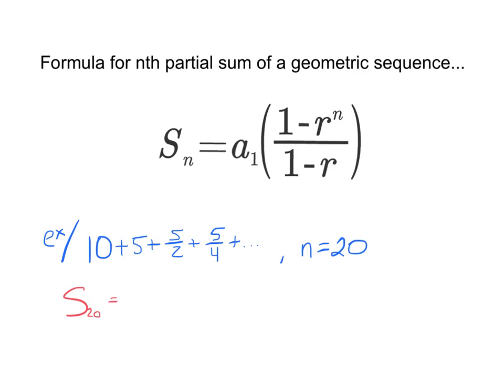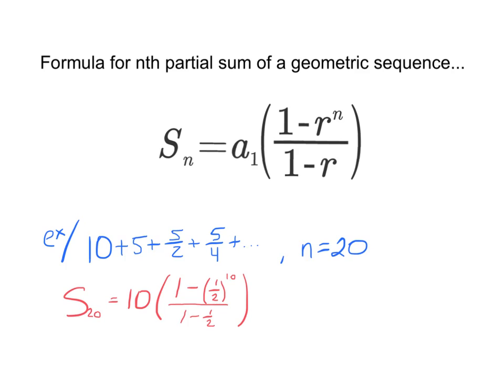The sum of the first 10 terms would be 10 times 1 minus r, where r here is 1/2. We can find that by dividing consecutive terms. 5 divided by 10 is 1/2. So 1 minus 1/2, that will be raised to the 10th over 1 minus 1/2.